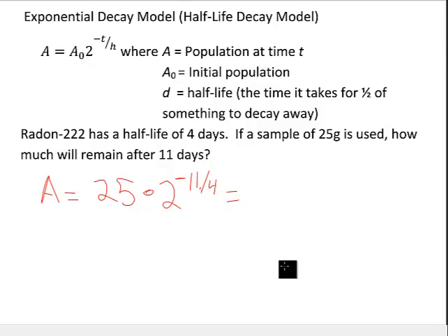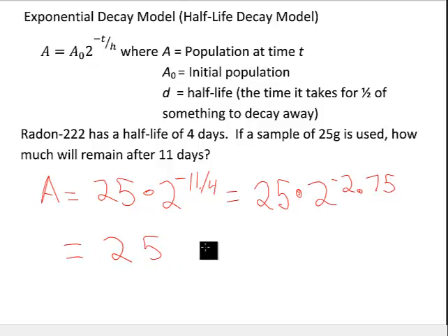So now again, it's just a matter of simplifying this expression. It's 25 times 2, and 11 divided by 4 is 2.75. So the new exponent is negative 2.75. We can apply that exponent to 2.